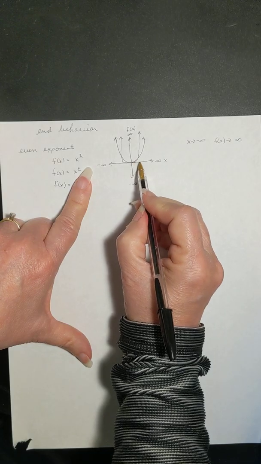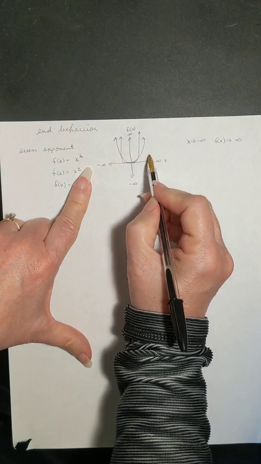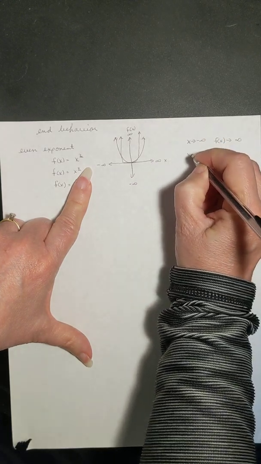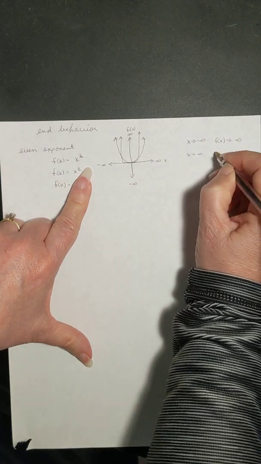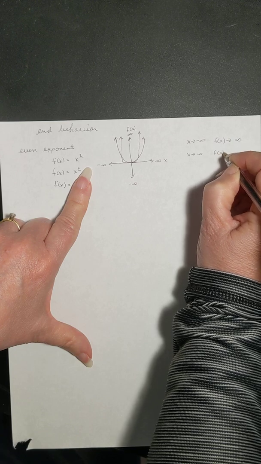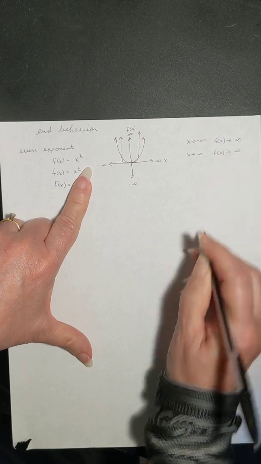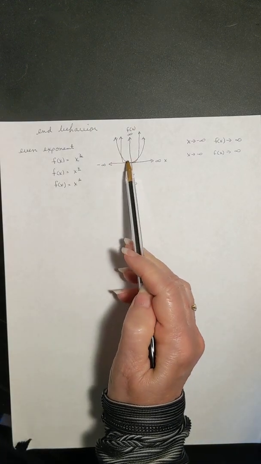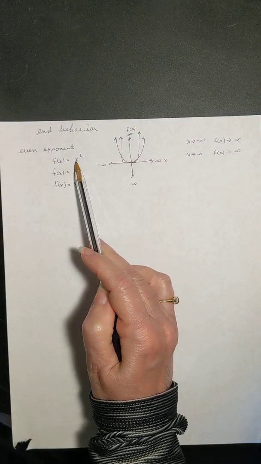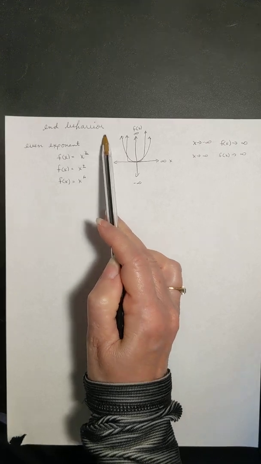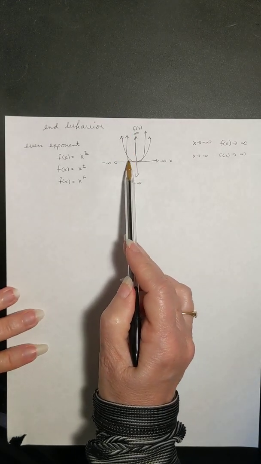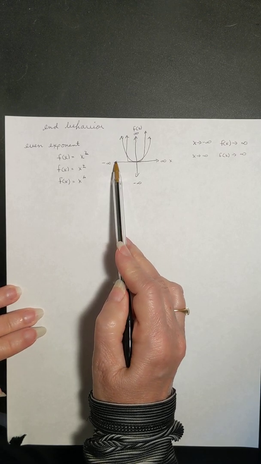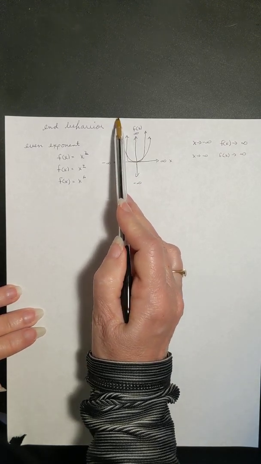Now what happens when x gets really big? Well, again, the y goes up. So as x goes to infinity, f of x will also go towards infinity. If I put in, say, 100, and I squared it, that would be 10,000. And if I put in negative 100, it would be positive 10,000.